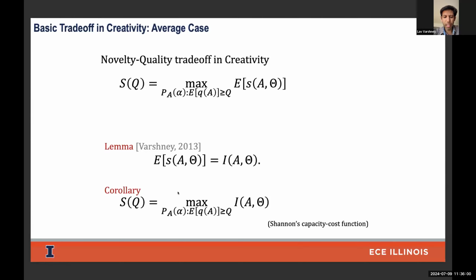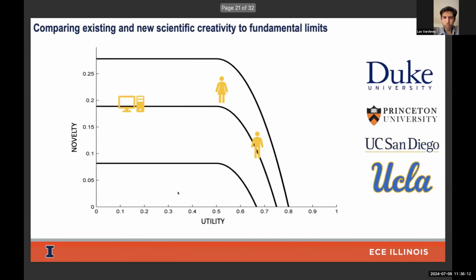And it also gives us a lot of machinery to actually characterize fundamental limits, because there's 80 years of information theory that we can draw on. Next. And so we can compute these kinds of fundamental limits. We can compare those against what people have built. So we can see how human creativity stacks up against the fundamental limits.